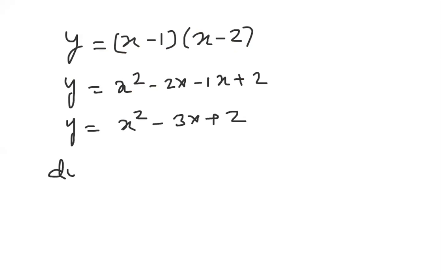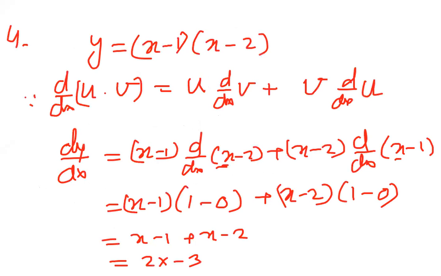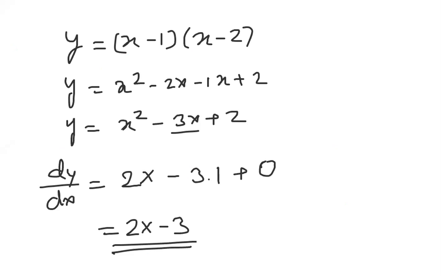So dy on dx equals x square will give derivative as 2x, minus 3x, derivative of 3x will be 3, plus 2 is a constant term, its derivative will be 0. So it will be 2x minus 3. So the differentiation using the formula or simply, both will be giving 2x minus 3 over here, as well as in this also it is 2x minus 3. So whether you are applying the identity or simply going with the first principle, you will be getting the same result.